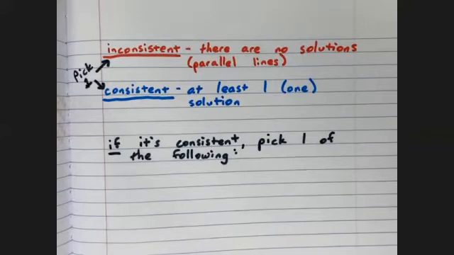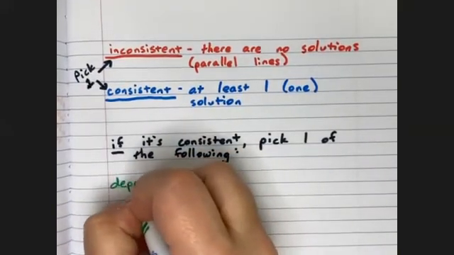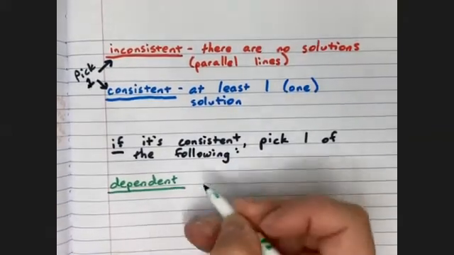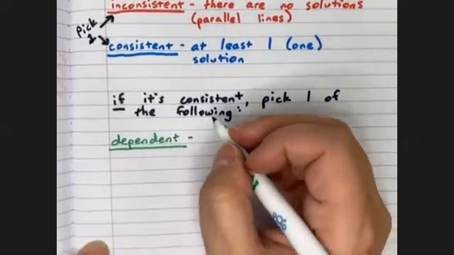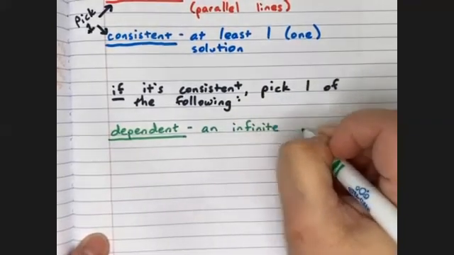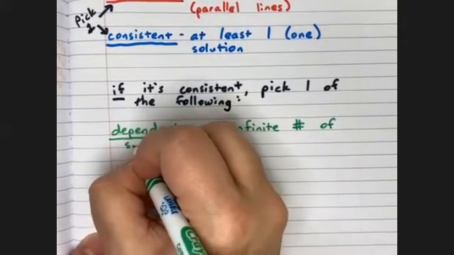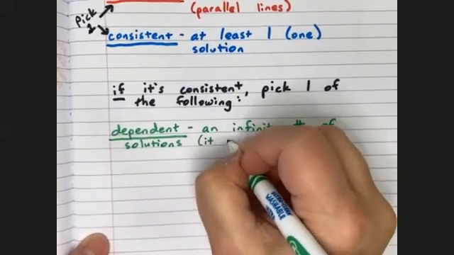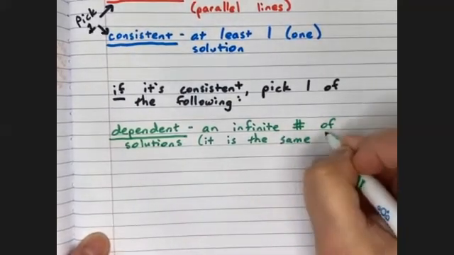However, if it's consistent, you need to decide, is it dependent? And dependent means that basically one line depends on the other. It's the same line. So there is an infinite number of solutions. And basically it is the same line drawn on itself.